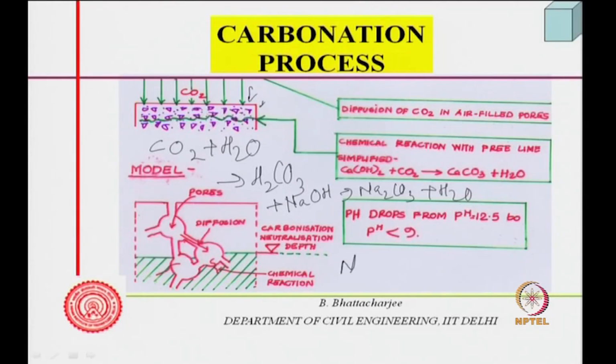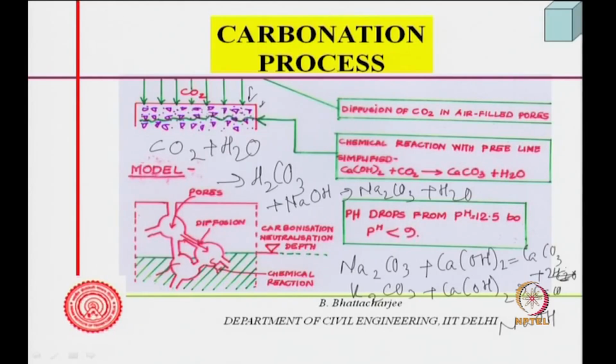Now, this sodium carbonate or potassium carbonate can react with calcium hydroxide in the cement, forming calcium carbonate and again water, and this can also form in this manner: calcium carbonate and sodium hydroxide, this should be 2 sodium hydroxide, and this should be potassium hydroxide plus potassium hydroxide.